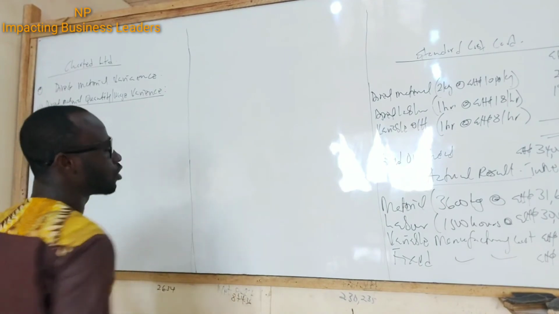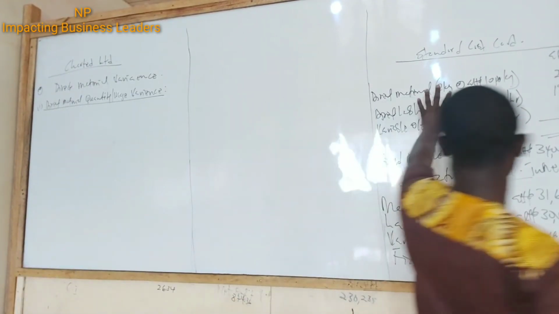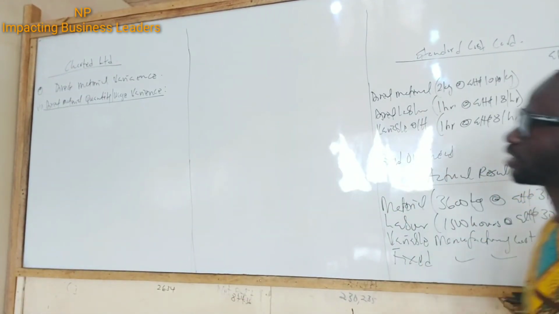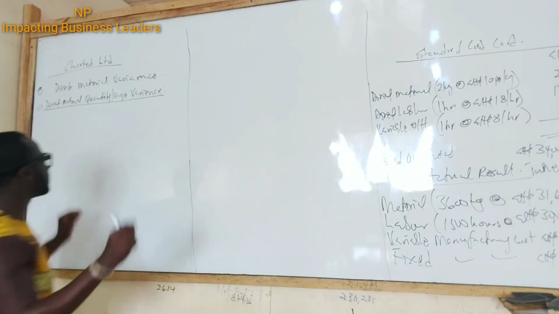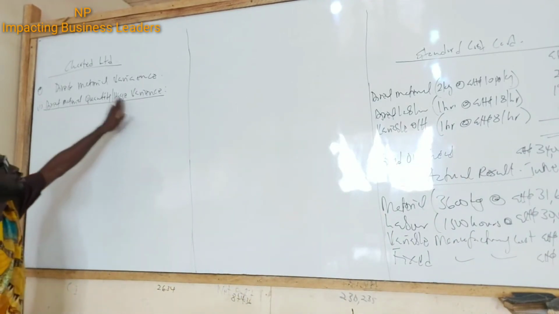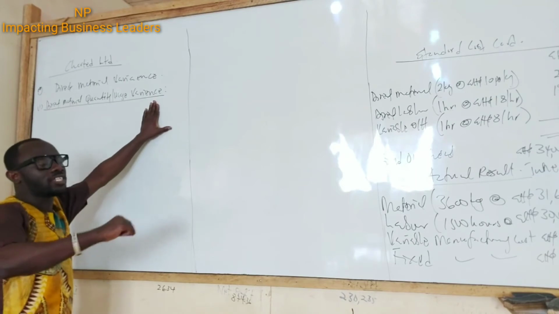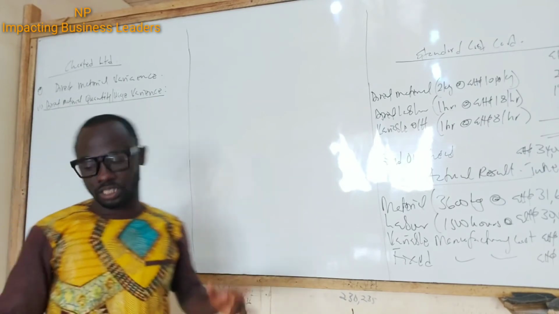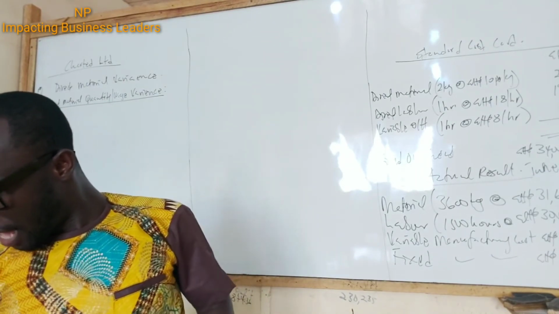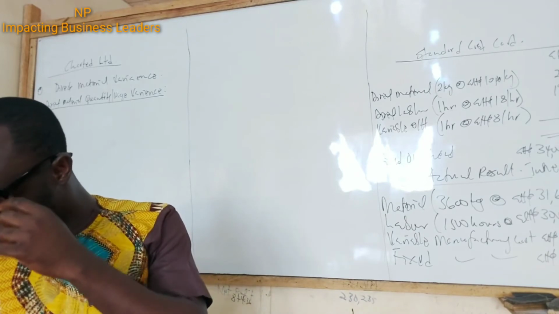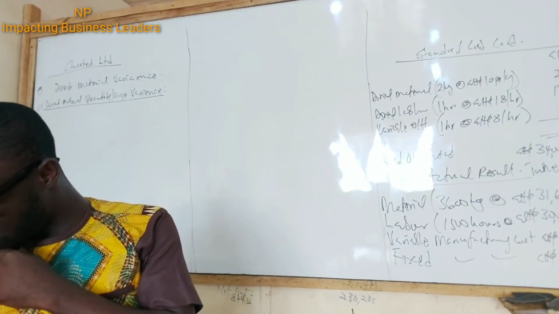So these are the preambles from the question, and the preambles will help us to solve. Remember what I said? Direct material usage variance is based on the units that are produced. Now, in this question, were we given the actual units produced?